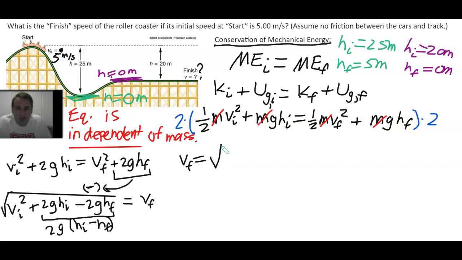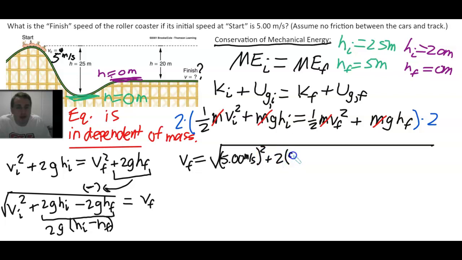The initial velocity squared is 5.00 meters per second squared, plus 2, and g is 9.8 meters per second squared.